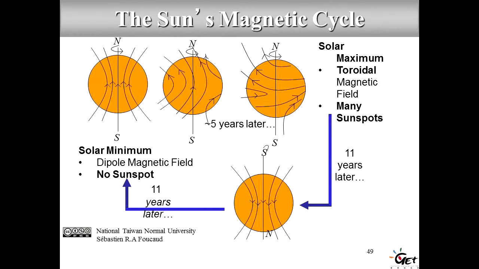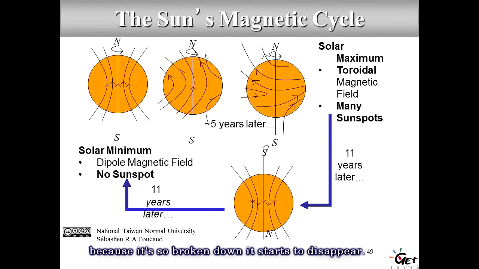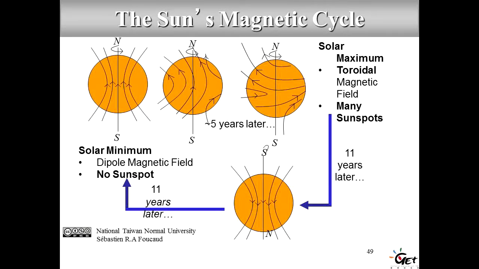Okay? It takes more or less 5.5 years for it to happen. And then those sunspots, those magnetic fields disappear, and after 5 years again, you end up with a magnetic field that is straight, but the other way around.